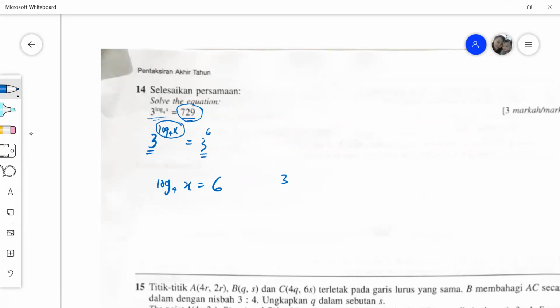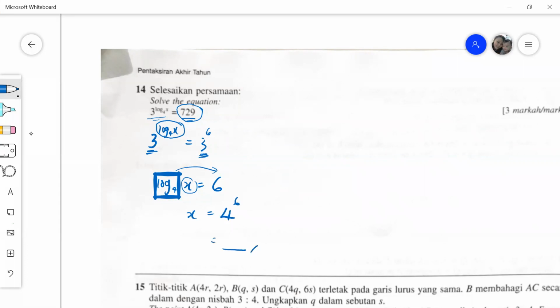Yes, correct. We can compare single term with single term, so the left side must equal the right side. So we will have log base 4 of x equals 6. You want to find x, so I move this log base 4 across to the other side. The base of the log will now become the base of the index. So x equals 4 to the power 6.